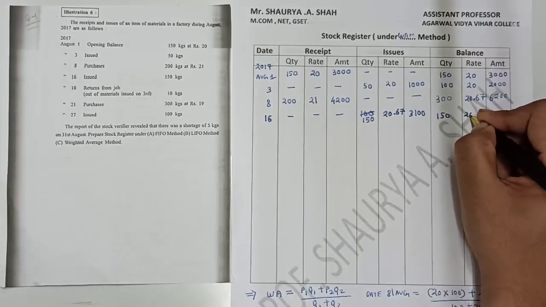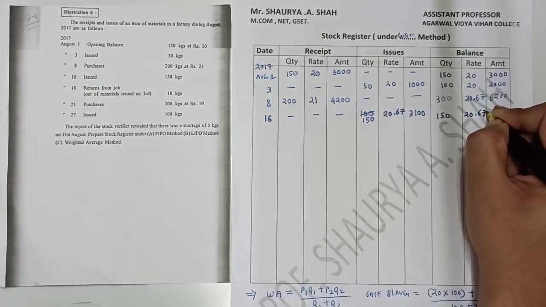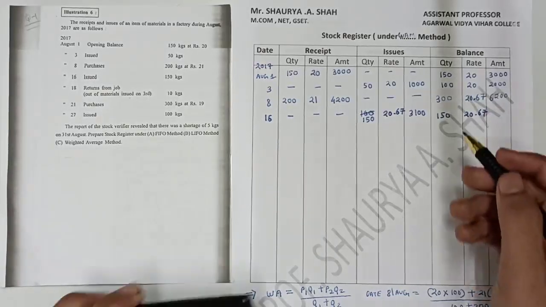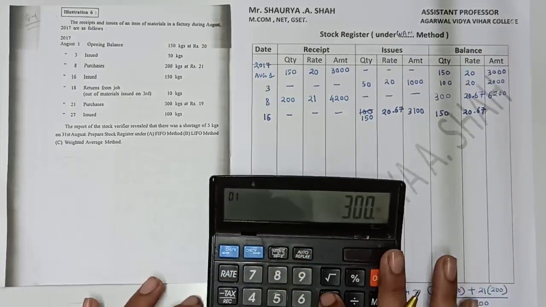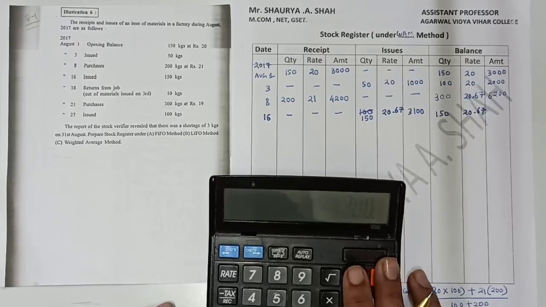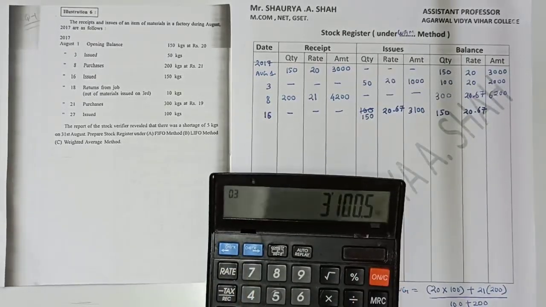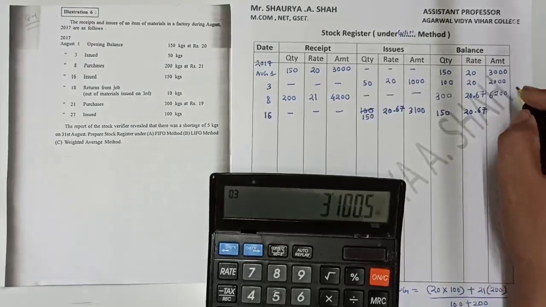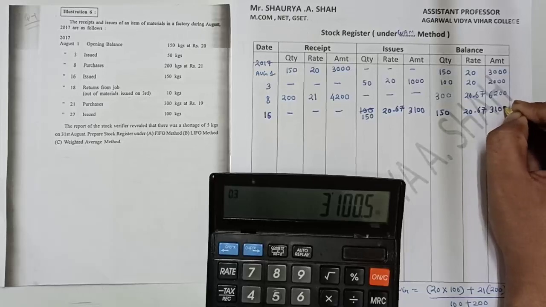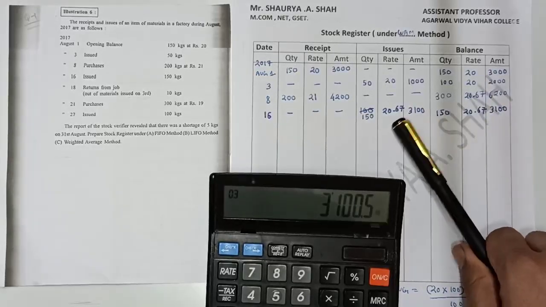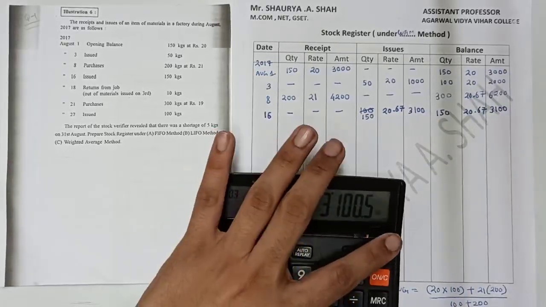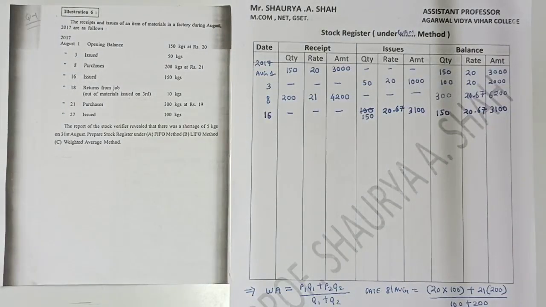So here the price will be 20.67, because your question of calculating arises only when the new material comes in the business, right? So whatever is the remaining thing, again 3100, the same calculation. Why? Because 150 into 20.67, 150 into 20.67. I hope it is done, each and everyone, right?